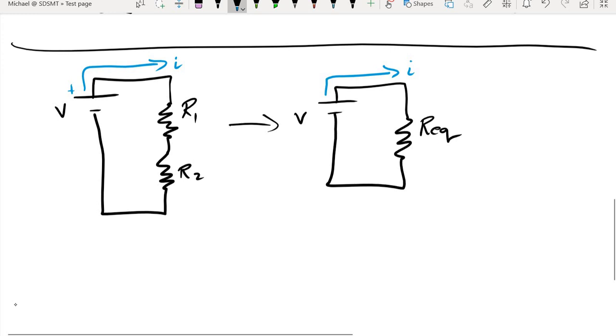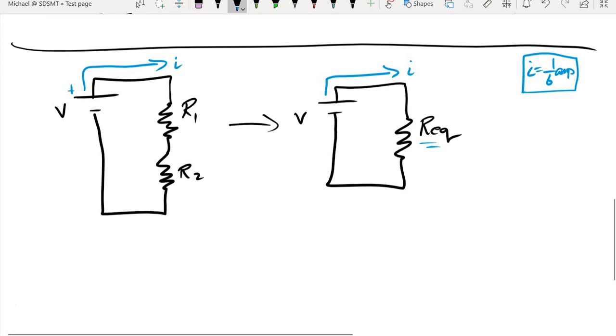So I want this equivalent resistor to draw the same amount of current out of the battery as what the combination R1 and R2 did. And yes, we do know what that current needs to be, but we're going to hold on to that and pretend that we don't know.